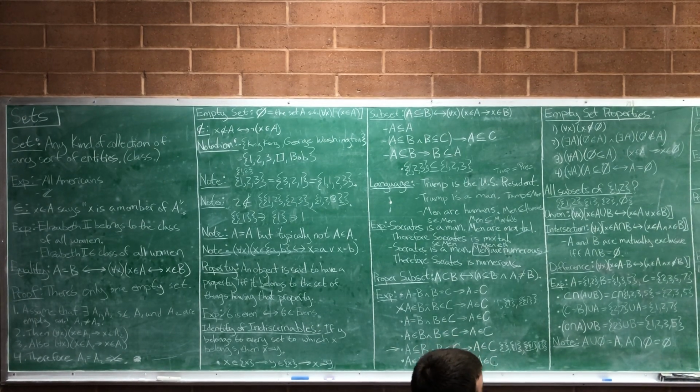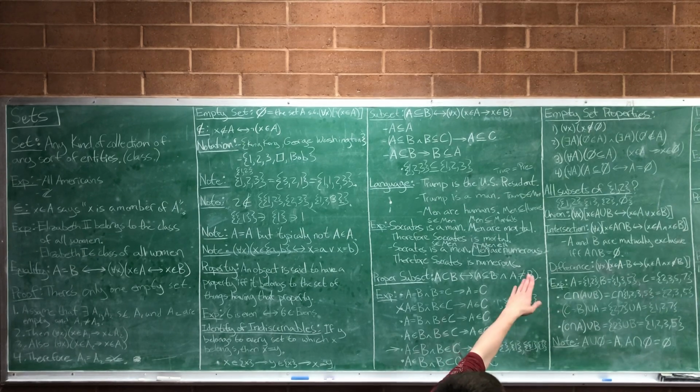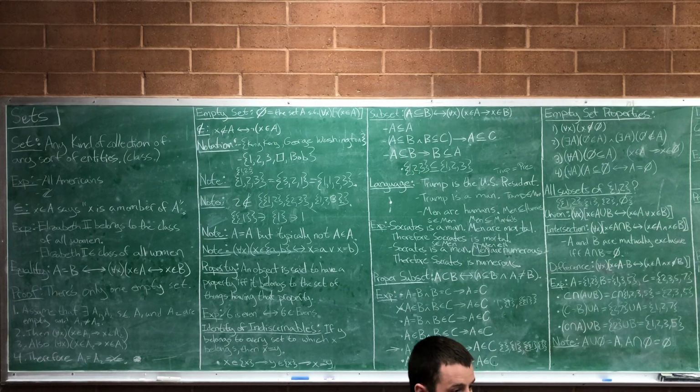X is a member of A is a relation that's either true or false when you look at it. Now we're going to move on to union, intersection, and difference. These are set operations. They take two sets and they spit out a set. So A union B, you can't call that true or false. It just gives you a set.